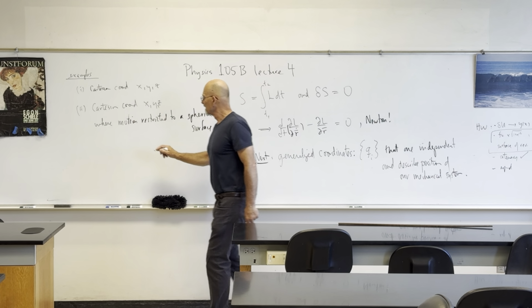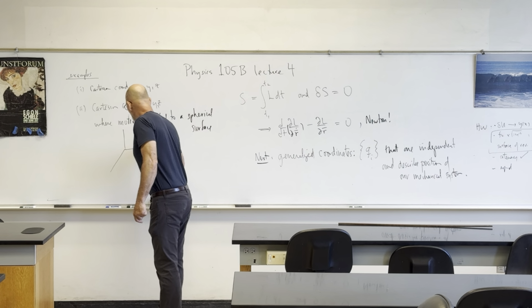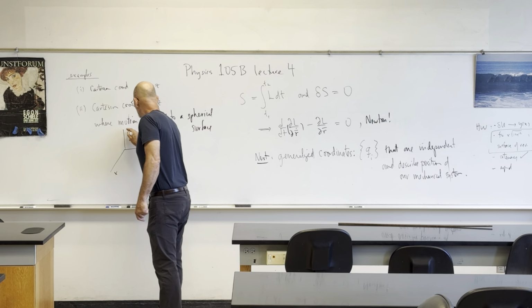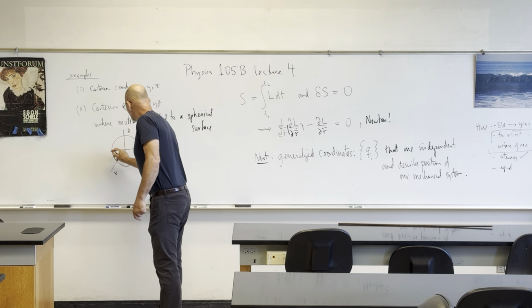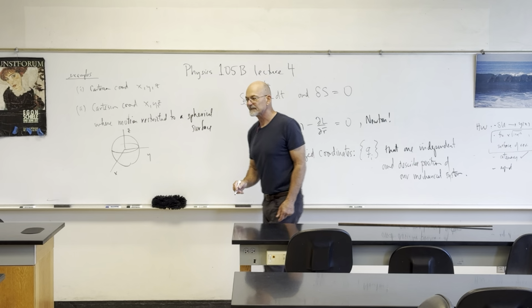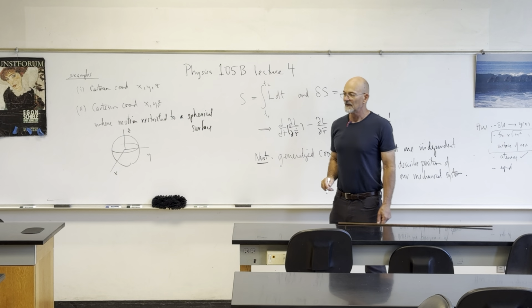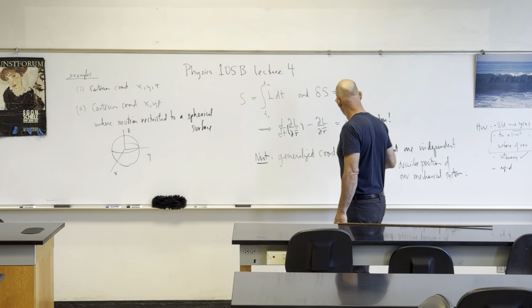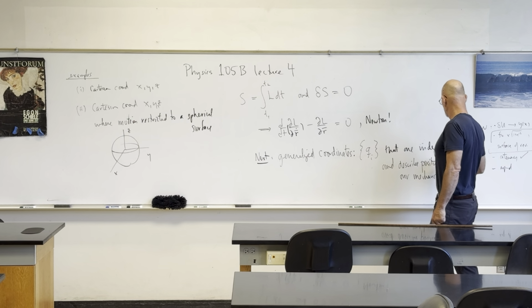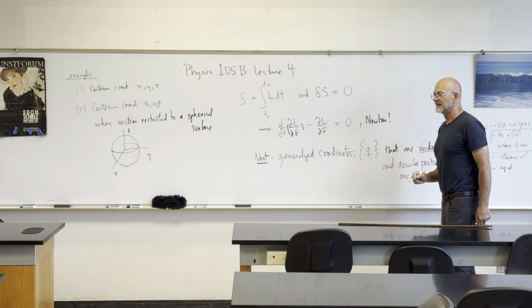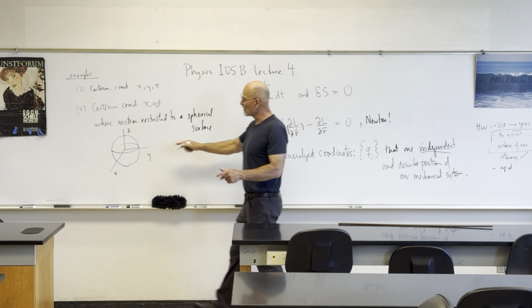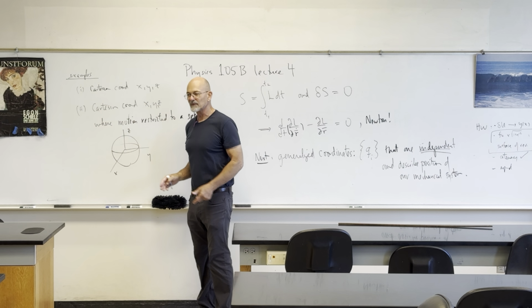So here's our x, y, z space, but the motion is restricted to this sphere right here. The reason this is a counterexample is those coordinates are no longer independent. x, y, and z vary with one another as we're moving through the sphere.